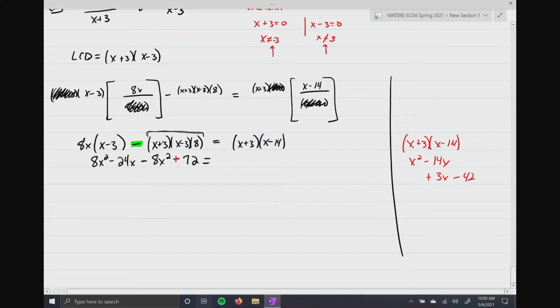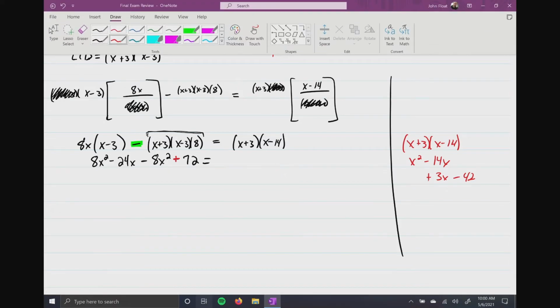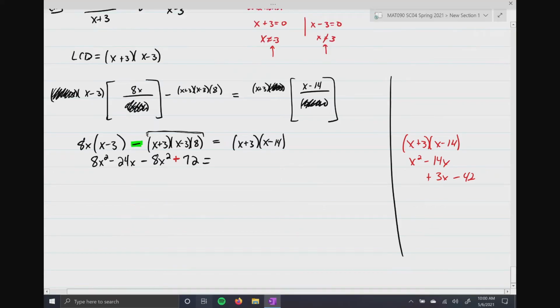And that's going to give, let me write it in black, x squared minus 11x minus 42. How are we looking so far, everybody? This one's a little bit of a doozy.